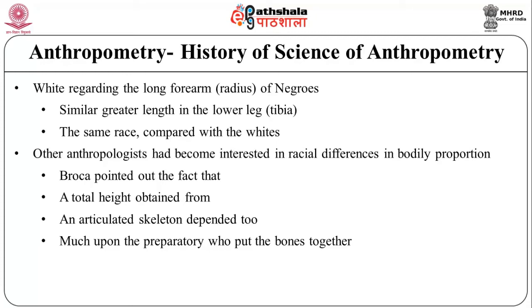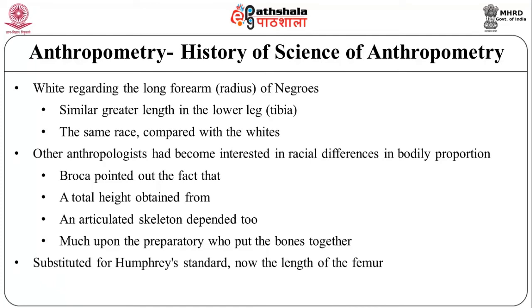He pointed out that a total height obtained from the articulated skeleton depended too much upon the preparator who put the bones together, and hence disregarded these uncertain measurements in favor of one involving the length of a single long bone or of two combined.